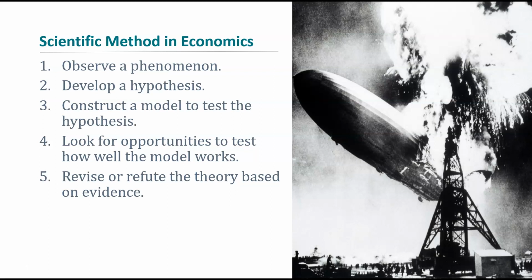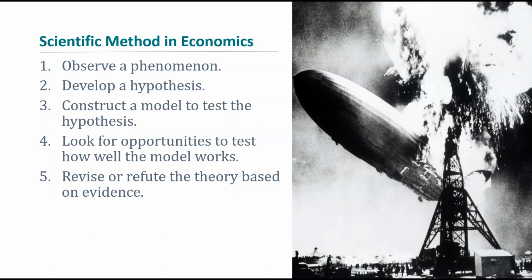When gasoline prices go up, hybrid sales go up, right? So we can compare the real world data and use some statistics and try to draw some conclusions about whether the real world works like our theoretical model did. And is our hypothesis then something that we can validate using data?